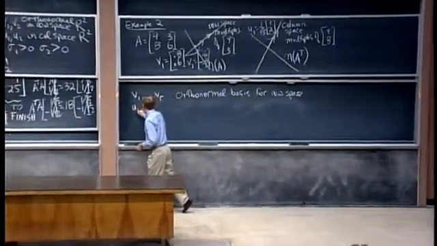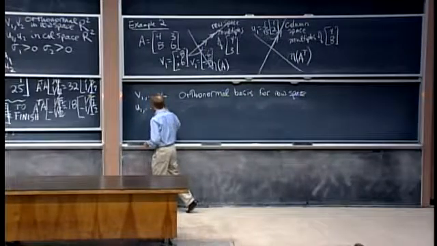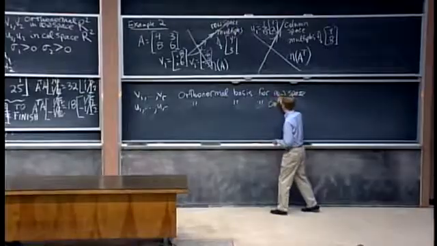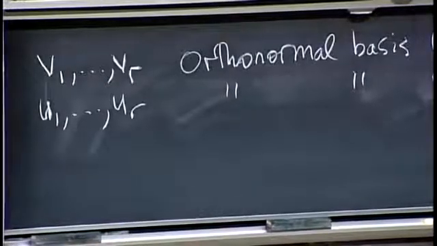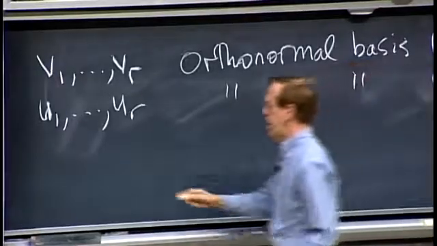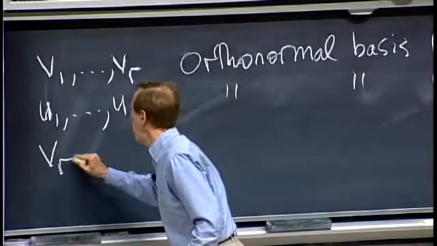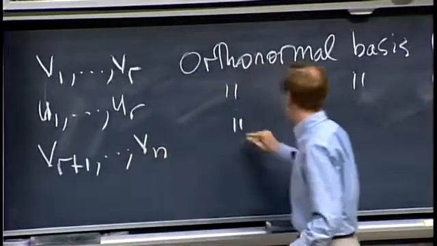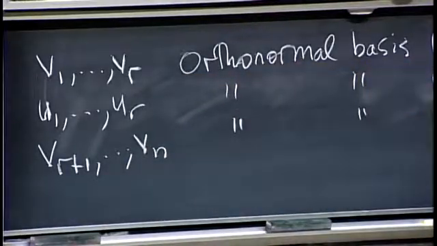U1 up to UR is an orthonormal basis for the column space. And then I just finished those out by VR plus 1, the rest up to Vn, an orthonormal basis for the null space.